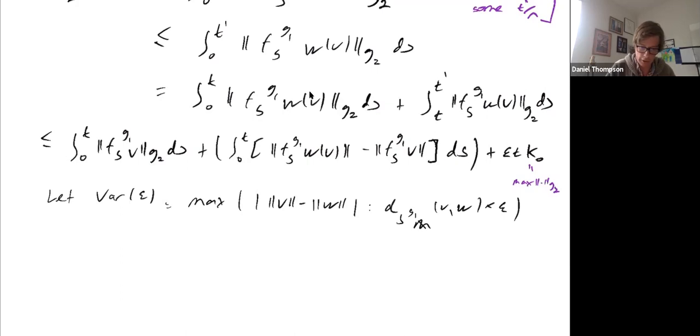Right, so the varepsilon term is going to take care of this guy. This is bounded by t times varepsilon because these things are close.